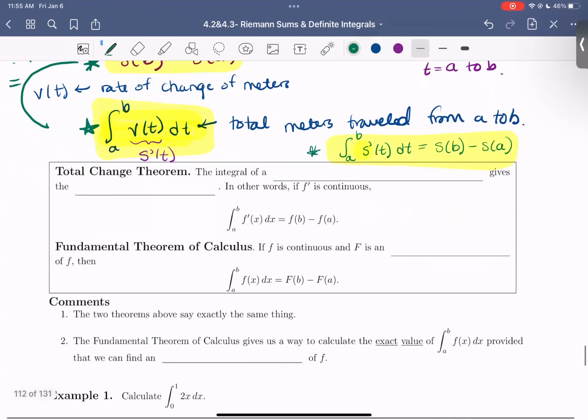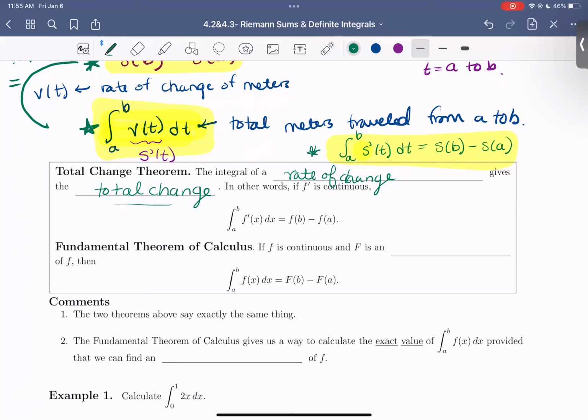So we have here the total change theorem. The integral of a rate of change gives the total change. So if we're talking about a rate of change of feet per second, then the integral gives us the total change of feet over that interval of seconds.